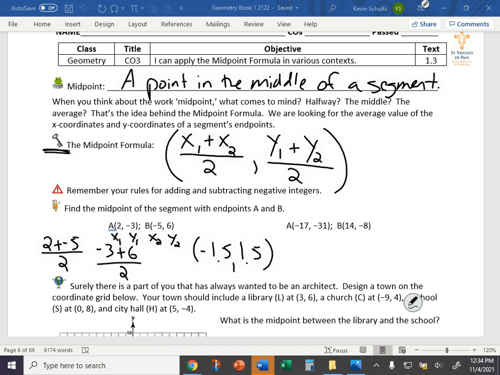If you put in your calculator 2 plus negative 5 divided by 2, what's your calculator going to do? It's going to do the division first, exactly. So if you're going to use a calculator, make sure you're putting parentheses around that 2 plus negative 5 so that you're doing that first and then dividing by 2. Okay? I'll let you do the next one on your own.